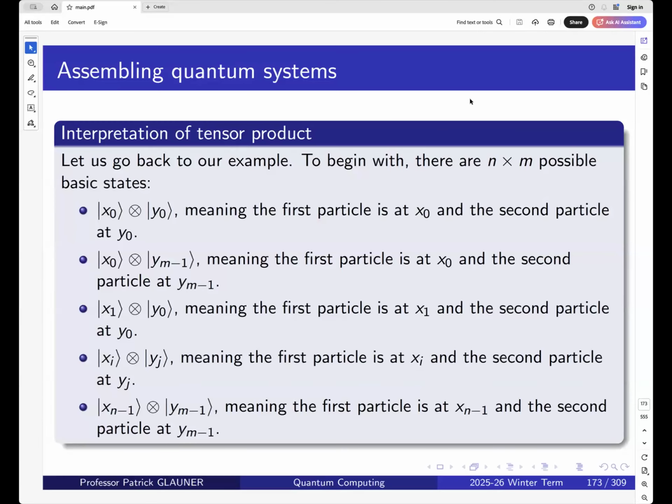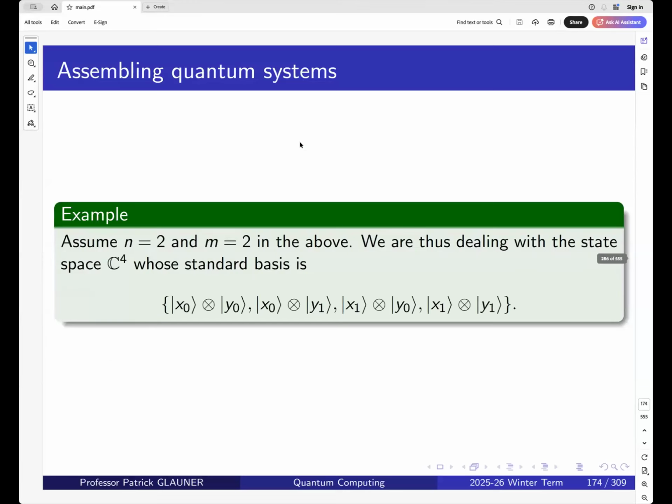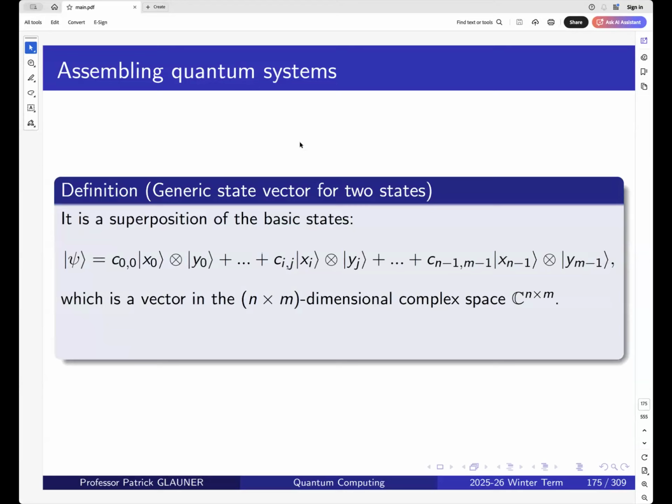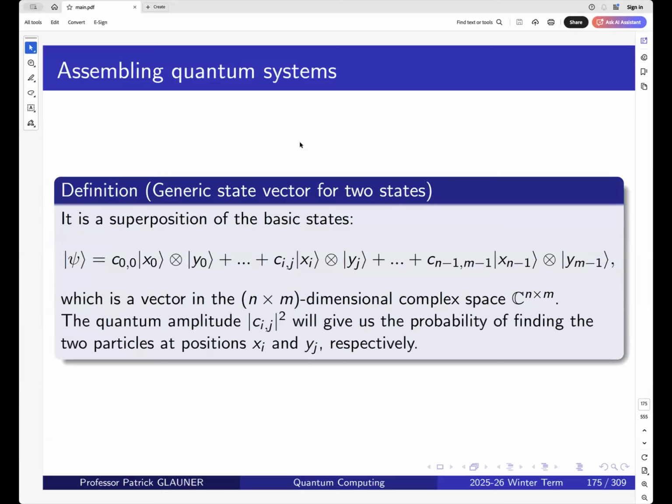But before we look at entanglement, I'm just briefly recording my slides for those who don't have access to my slides. We looked at the tensor product when we assembled the quantum system. We saw we had two small systems, then we had four basic vectors. We looked at this generic state vector for two systems or two states into one big one.